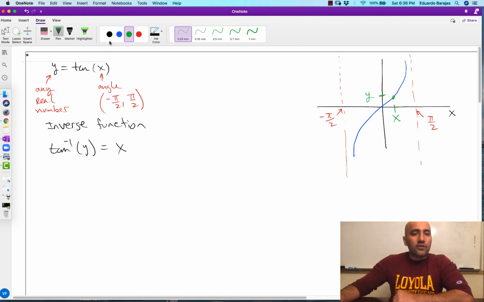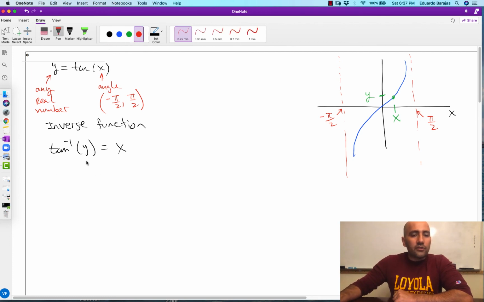Okay, and just like before, we have this other issue where algebra just loves x as our input variable. So remember, x and y are just dummy variables. Regardless of what letter you use, y is a real number, and x is an angle. So let me put that in here.